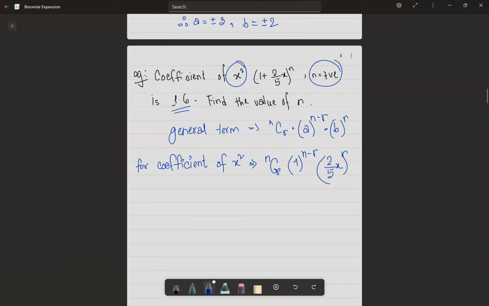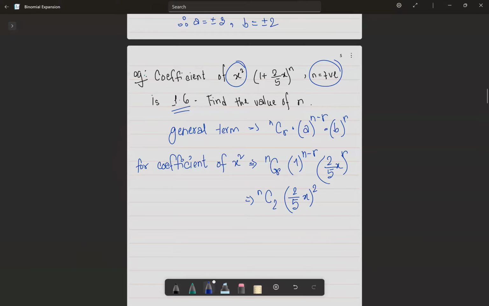So instead of r, we need 2 to make x square in here. So our general term can be rewritten as nC2. Now 1 to the power anything gives you 1, so writing this is not necessary, right? And we have (2/5 x) to the power 2.